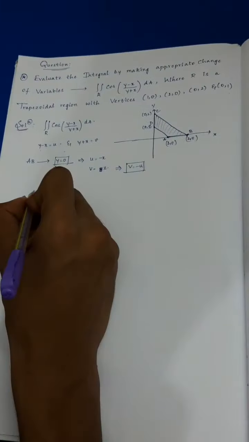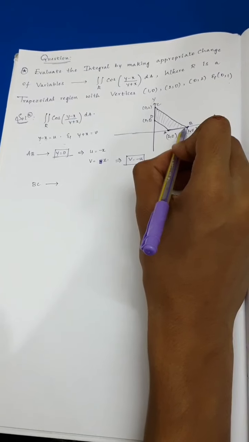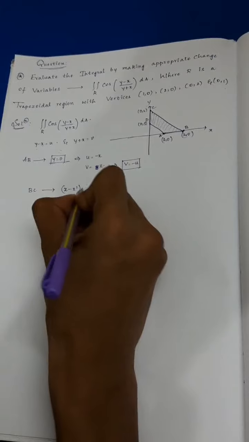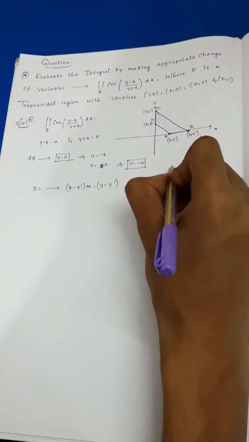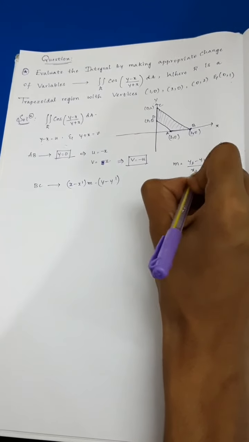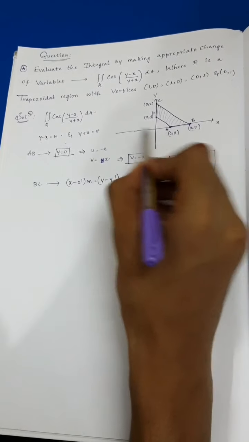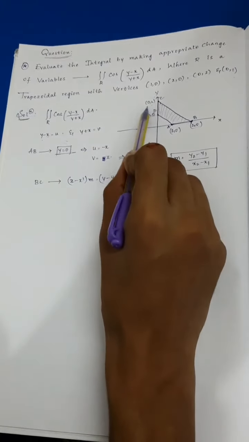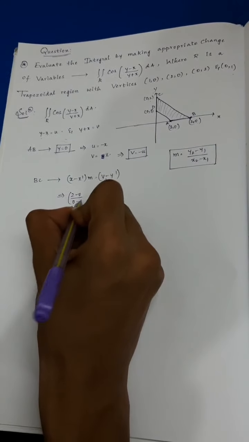Similarly, the BC line equation can be found by the point slope form. It is given by (x minus x dash) times m equals y minus y dash. This m is the slope of the line, which is (y2 minus y1)/(x2 minus x1), that is (2 minus 0)/(0 minus 2), which is minus 1.